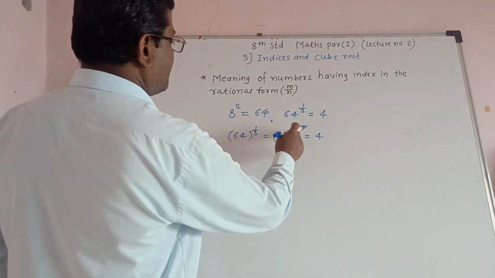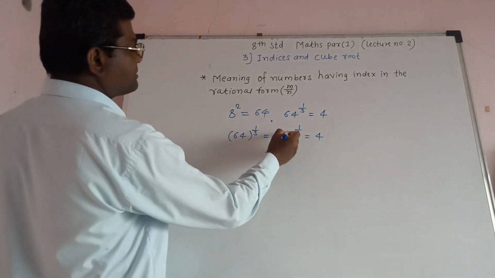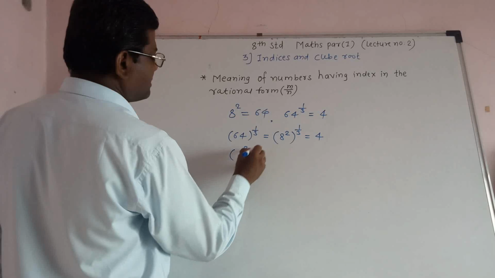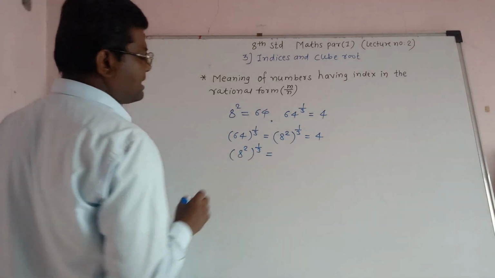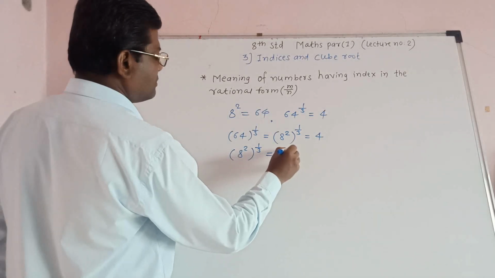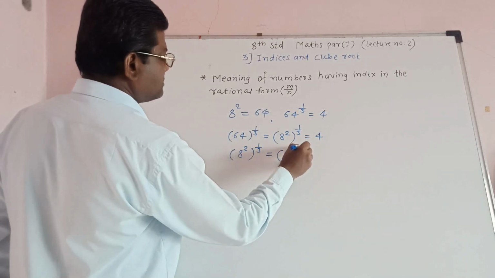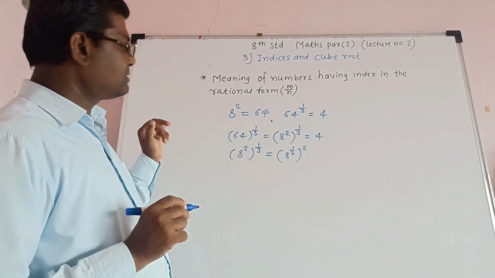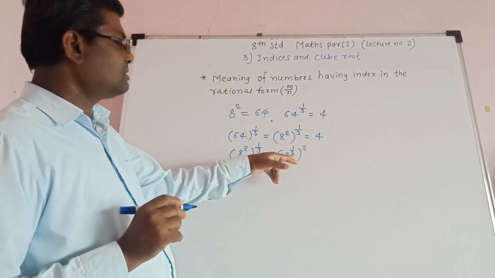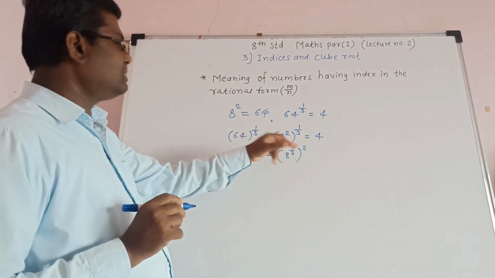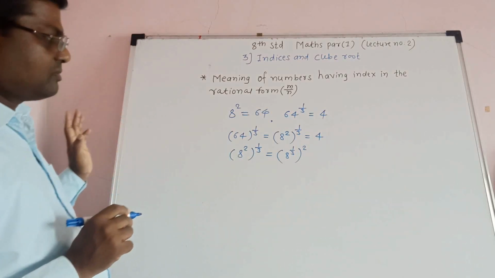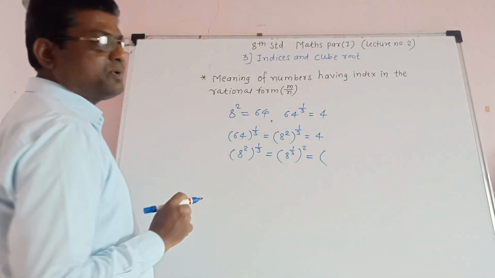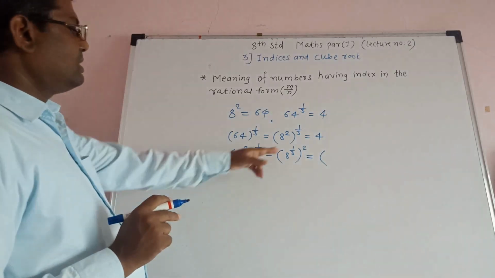Now let us interchange this index. 8 square raised to 1 upon 3 we write as 8 raised to 1 upon 3 raised to 2. We have changed their powers. 1 upon 3 is written inside the bracket and 2 is written as the square of that bracket. Then we know that 8 raised to 1 upon 3 means cube root of 8.